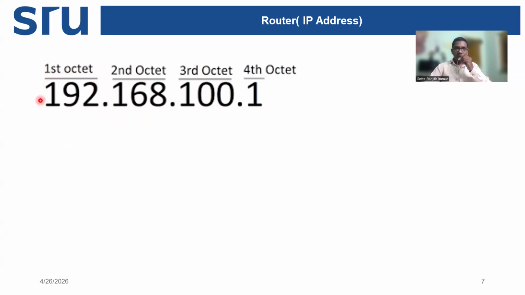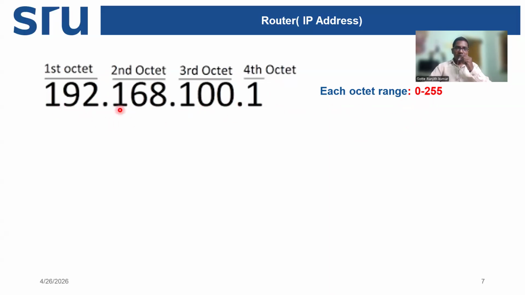Whenever we are writing a number in this IP address, that number should be in the range 0 to 255. Whatever number we write in the first octet, second octet, third octet, or fourth octet, in these individual parts, that number should be in the range 0 to 255.